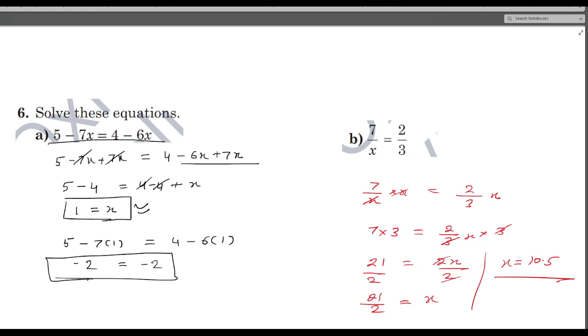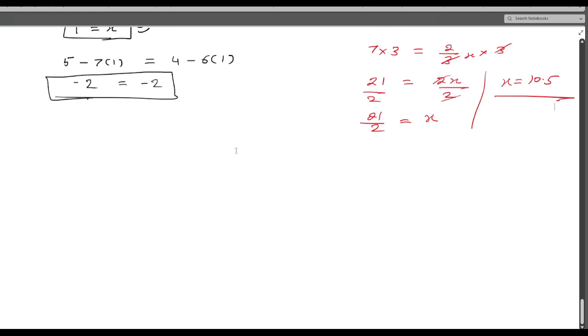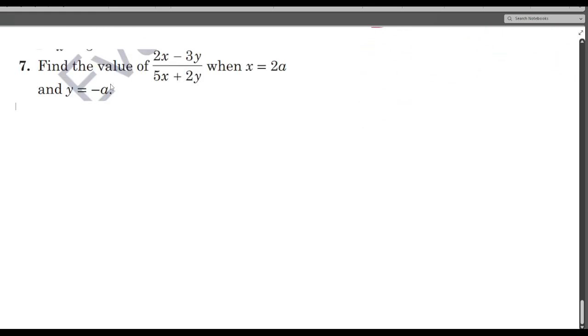Question number 7. Now here question number 7 is find the value of 2x minus 3y upon 5x plus 2y, where x is equal to 2a, y is equal to minus a. Fine. A good question.